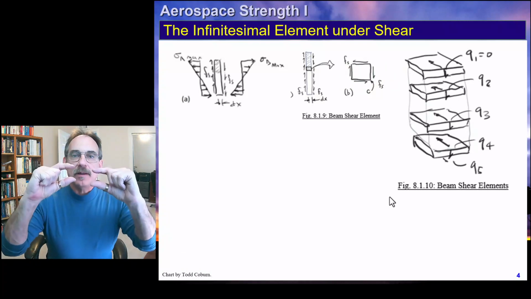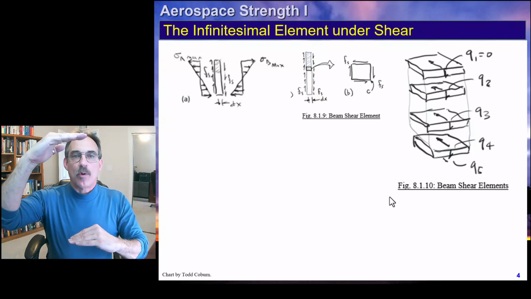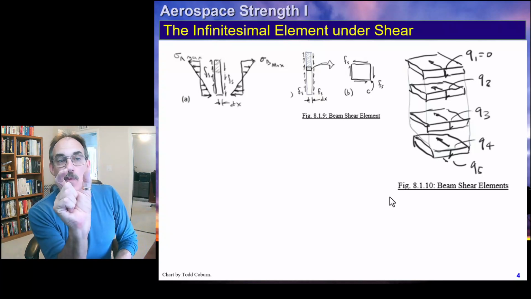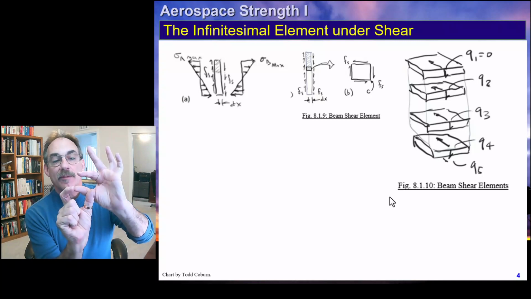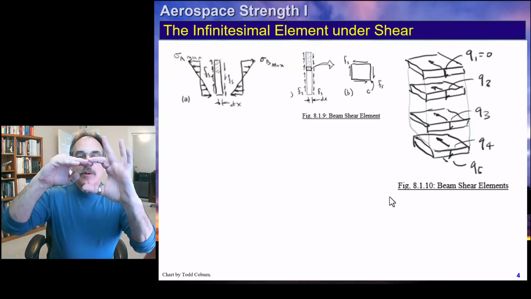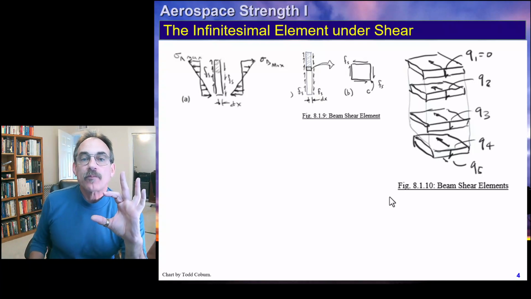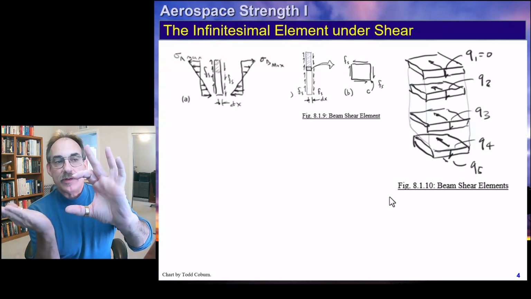Let's break this up into a bunch of 1 inch pieces. Let's say we have a 4 inch piece, 1 inch, 1 inch, 1 inch, 1 inch. Let's say we're 1 inch wide. So we have a 1 inch width, and our first little element is 1 inch. If we want to calculate the shear stress, or the shear flow, 1 inch below, we would cut that off.